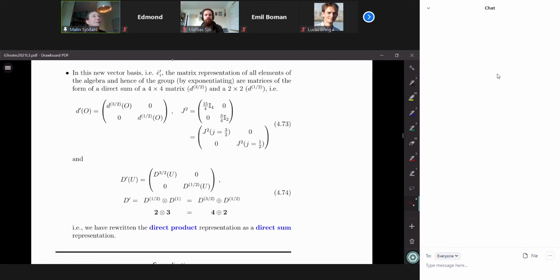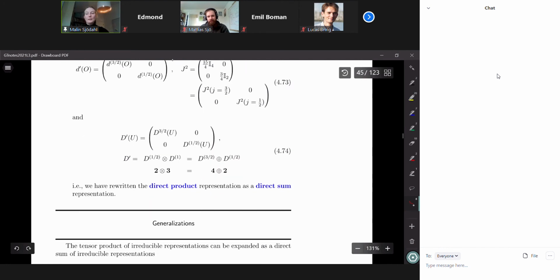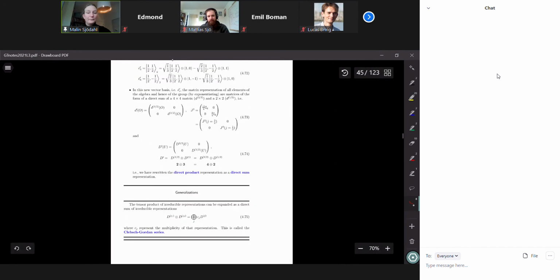And here we should note that 2 times 3 is really 4 plus 2. That's a very good double check, because it means that we haven't lost any degree of freedom. We have recovered the full space here. There's nothing lost. So we have decomposed the direct product representation into a direct sum representation, where now everything is block diagonal.